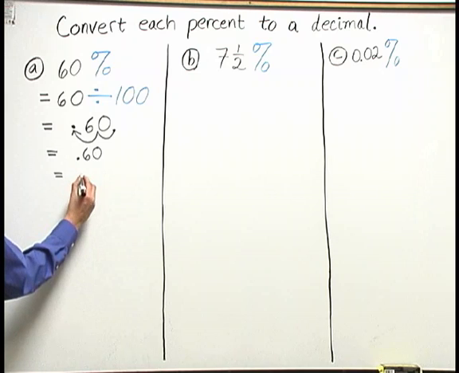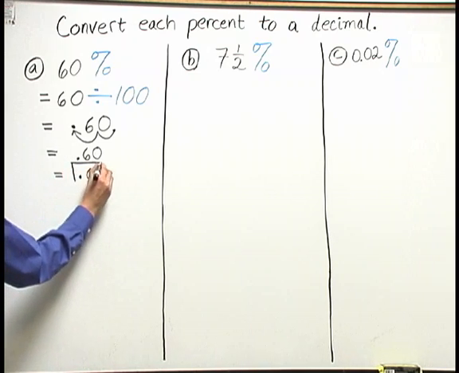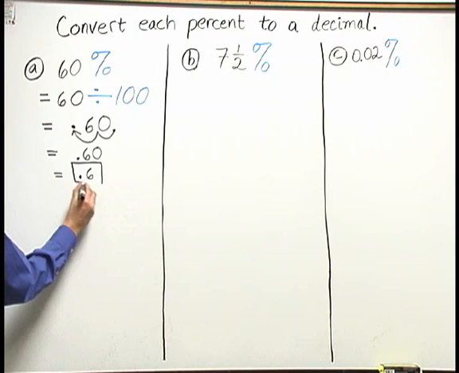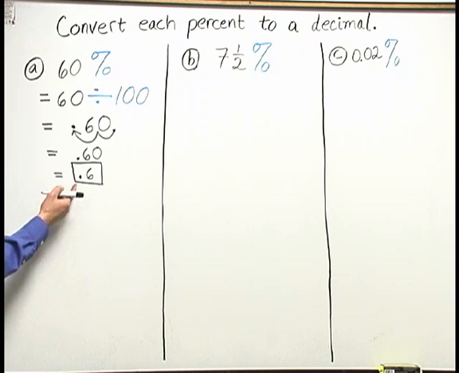So I can rewrite this as just 0.6. 0.6 is the decimal form for 60%. I could also write that 0.6 as .6. If you prefer to write a 0 in front of the decimal point, go ahead and do it. You don't have to, but you can.